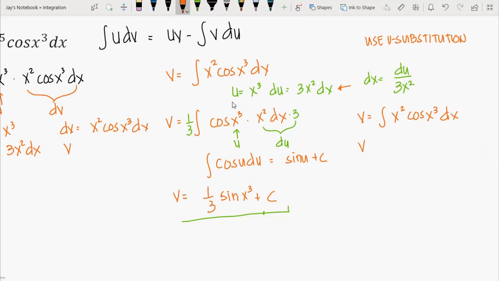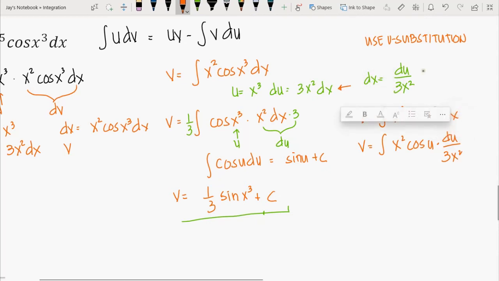Then v is equal to x squared times cosine of x cubed, that is u, then our dx is du over 3x squared. So from this form, that is the value of dx, du over 3x squared.